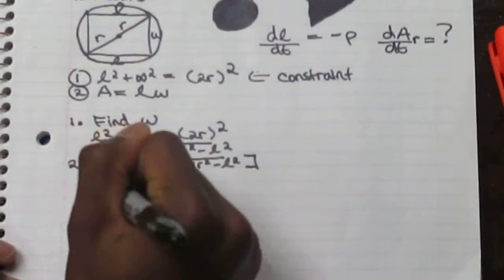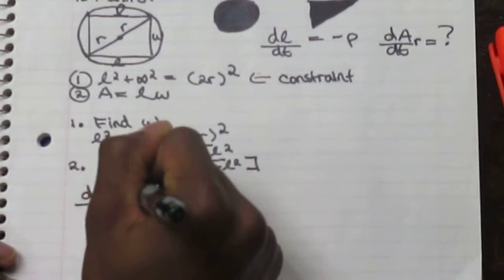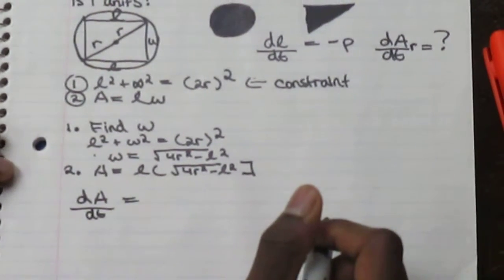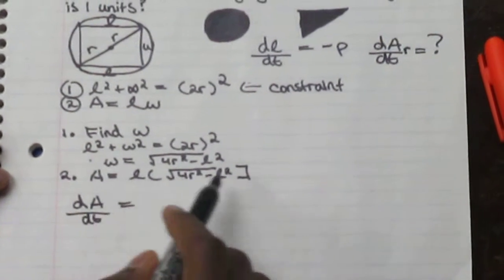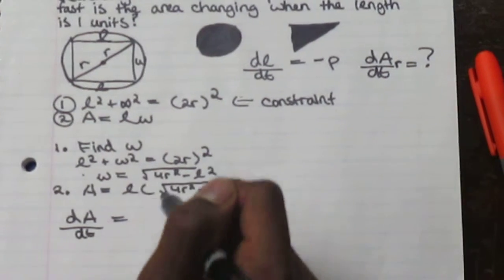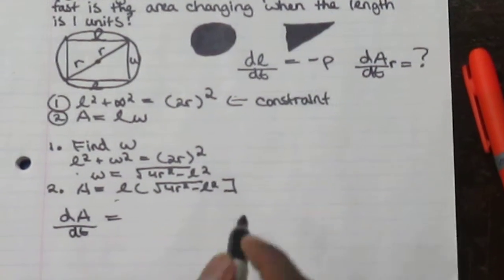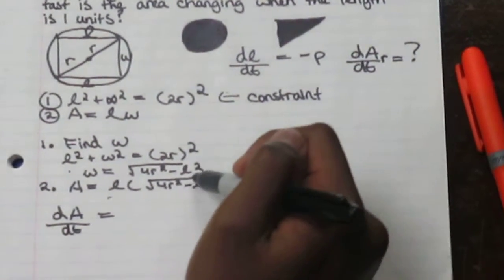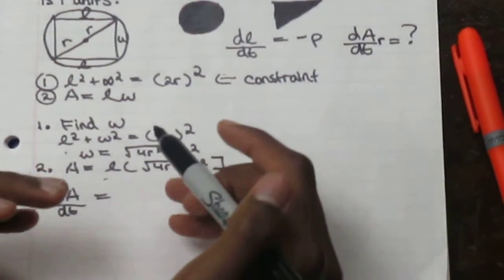So dA dt equals, right here we have two different functions, essentially. So we're going to be using the product rule. And also right here, we have a little chain rule because we have a function within a function.